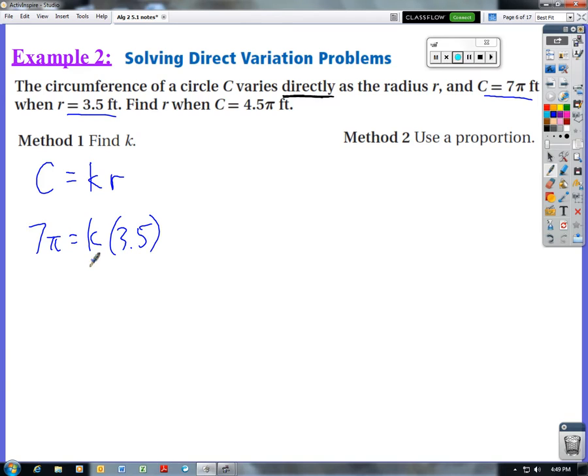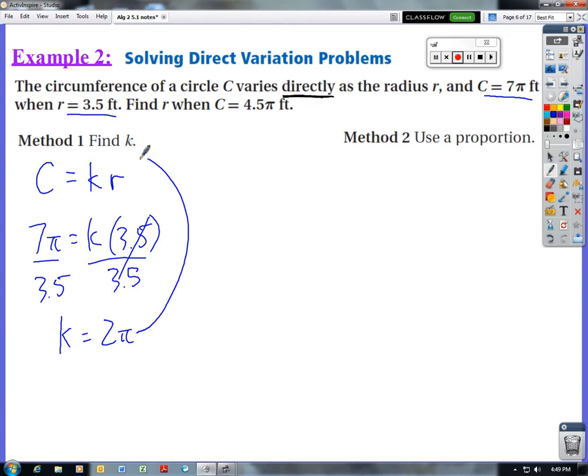So we solve for k, divide both sides by 3.5. Divide this by 3.5, and 7 divided by 3.5 is 2. So our k is going to be equal to 2 pi, because we've got this pi up here.